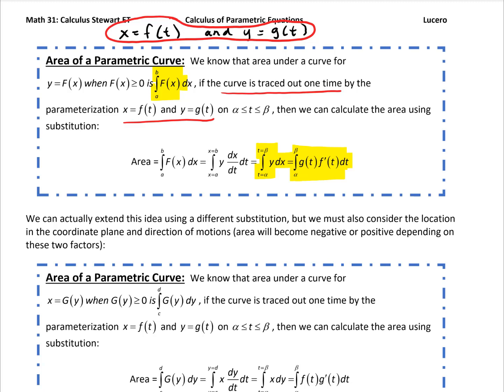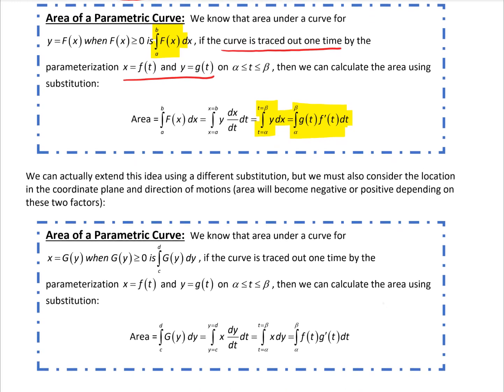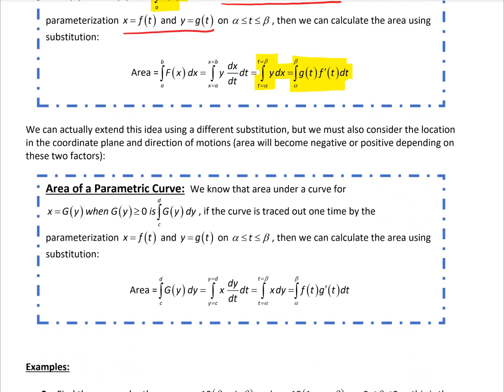Okay, extend the same idea over into the other orientation. Take that exact same area that we talked about along the y-axis, the integral from c to d of g of y dy, and think of the curve now being defined by two parametric equations from alpha to beta.